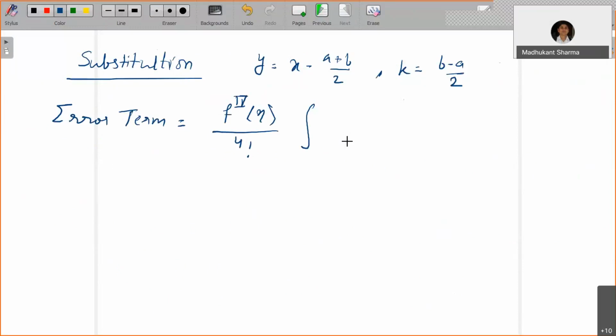Limits are going to be x equals a, you have a minus, this is 2a, so that is a minus b by 2, so that is minus k, to plus k, and what you will have is y plus k into y square into y minus k dy.